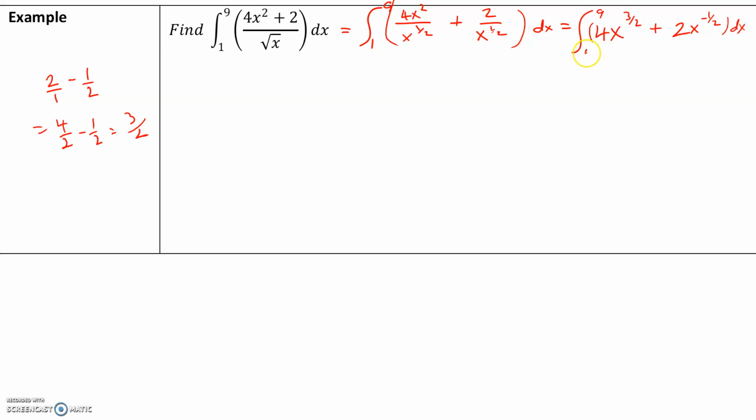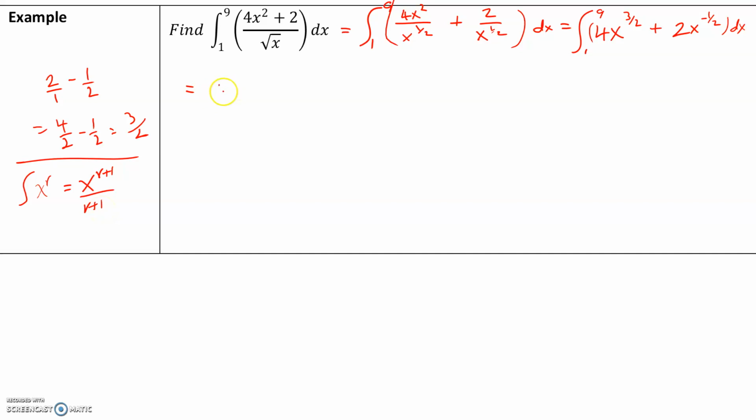Now we want to take the definite integral of this. A definite integral occurs when we have an x value from start to finish, starting at 1, ending at 9. So let's follow the rule. The integral of x to the r equals x to the r plus 1 divided by r plus 1.